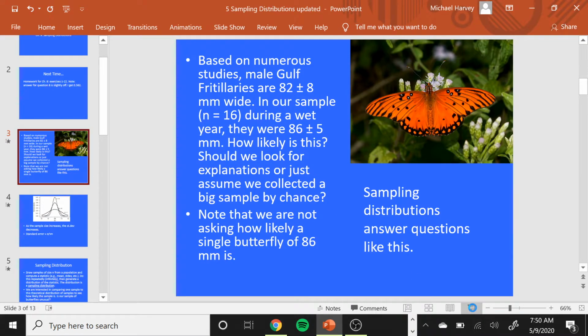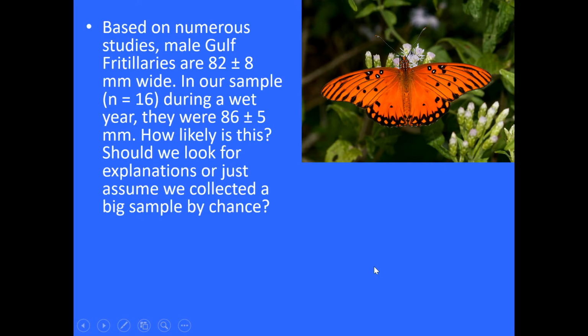What we're asking with the sampling distribution, though, is a different question. What if we go out and collect 16 of these guys? From our sample of 16, we could calculate a mean and a standard deviation. Now we're expecting the mean to be 82, right?